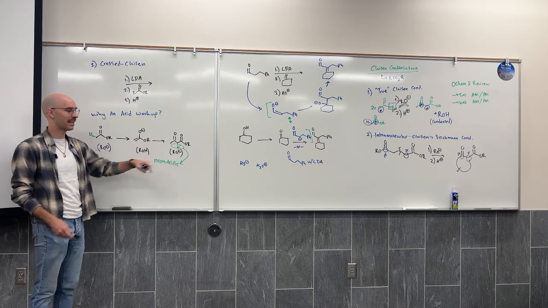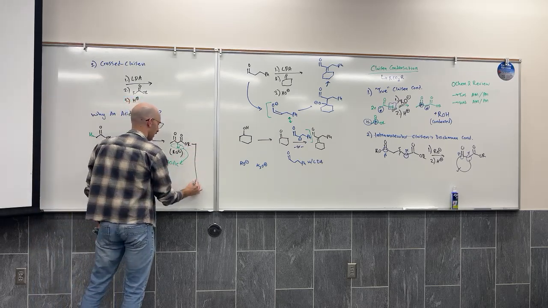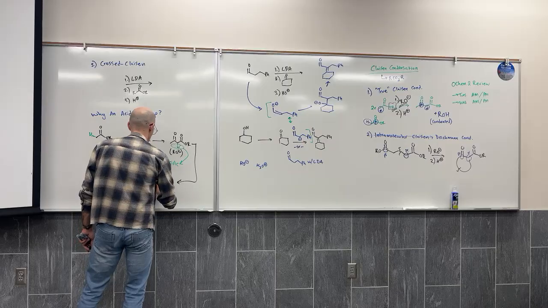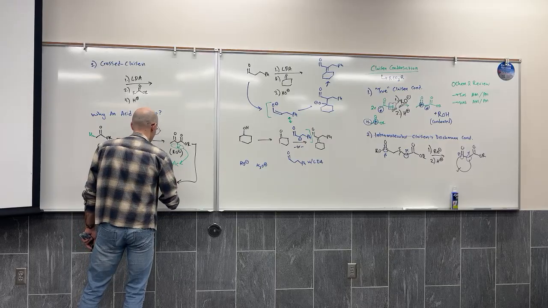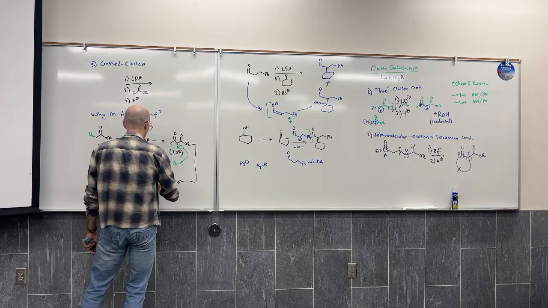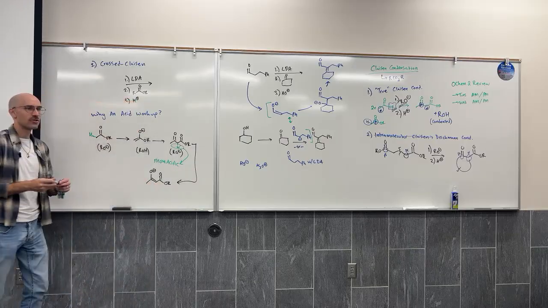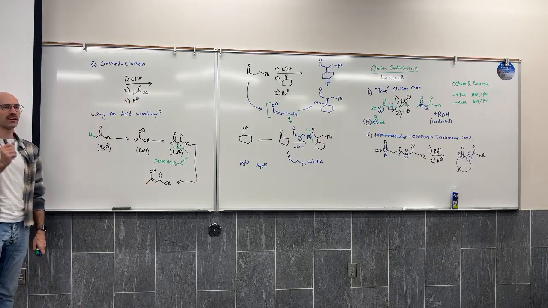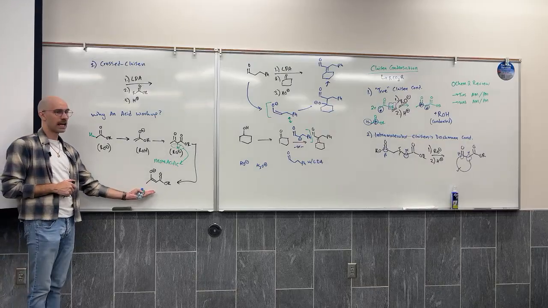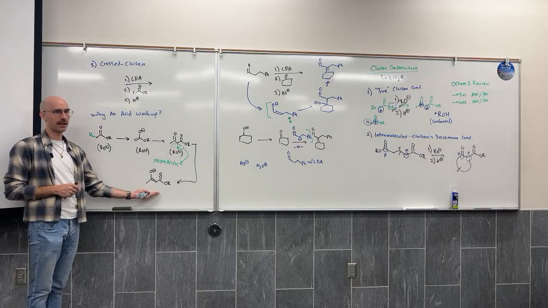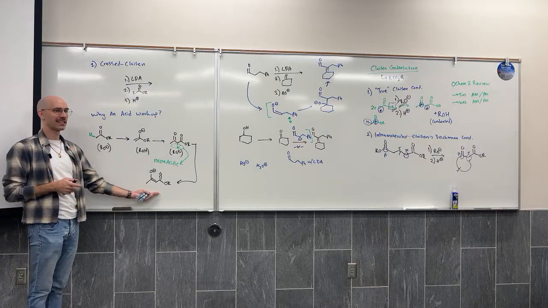In fact, it's more likely that the base reacts with my beta keto ester than it did with my original ester. So by the time you've finished a Claisen condensation, you are not left with a beta keto ester. At the end of the Claisen condensation, you're left with an enolate.